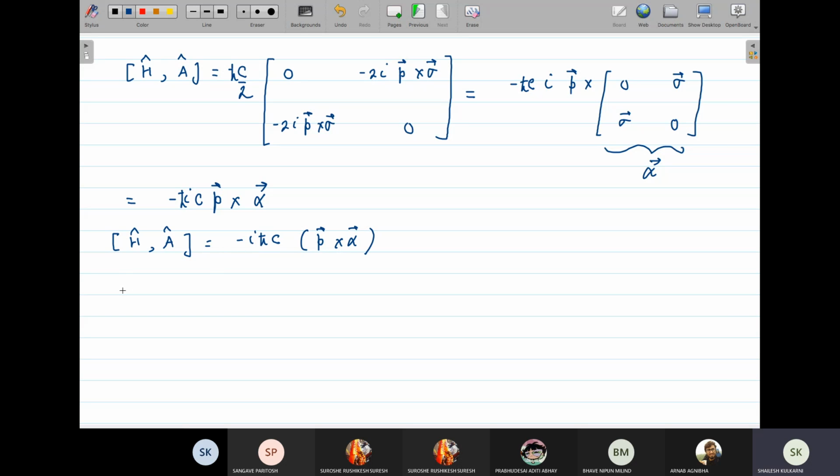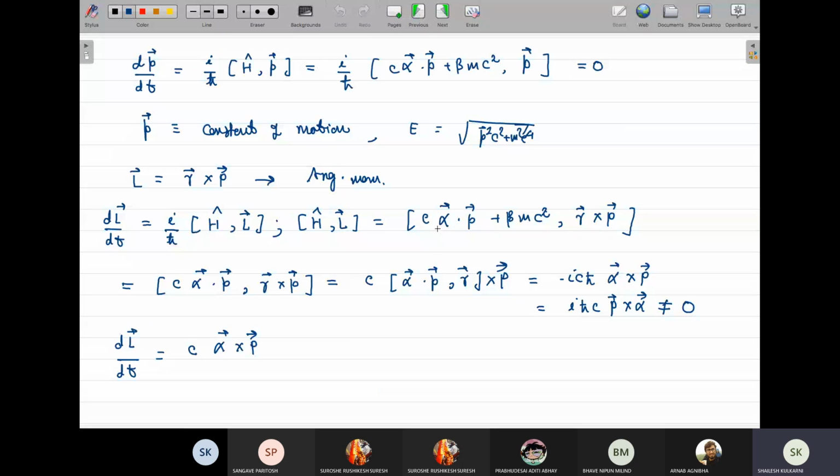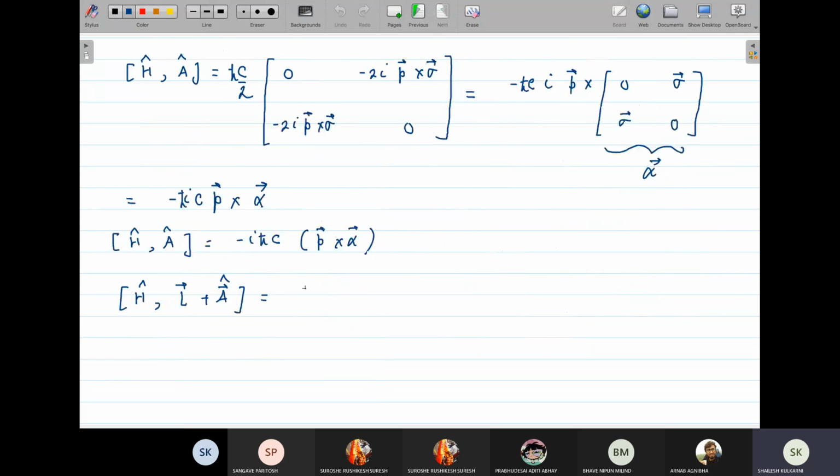So you see now, H commutator with L plus A is what? H commutator L was i h cross c p cross alpha.